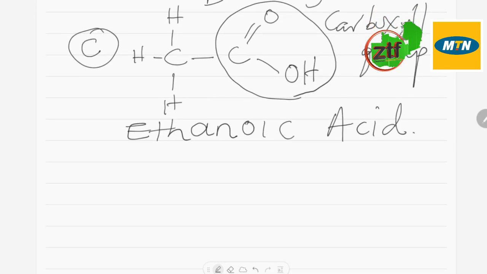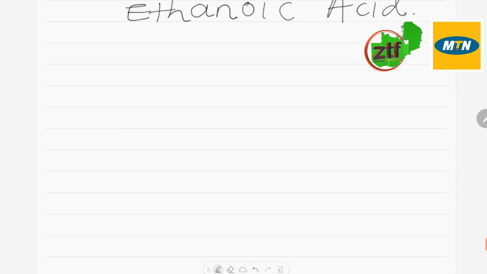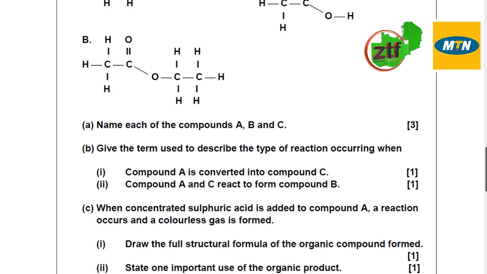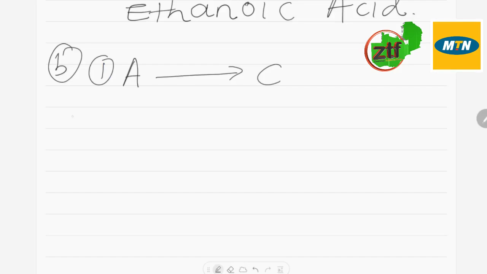Let's move on as we look at question B. Give the term used to describe the type of reaction occurring when compound A is converted to C. So changing A to C, remember A is ethanol, being converted to C, which is ethanoic acid.